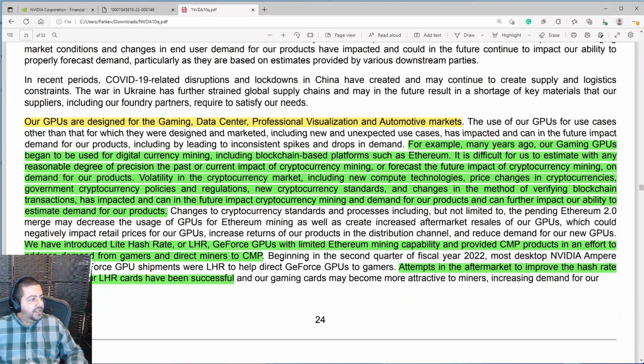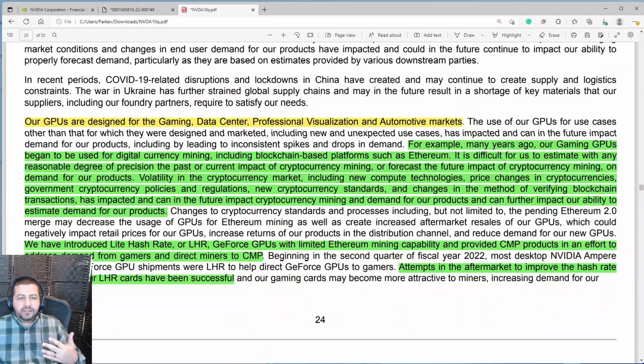And here's an interesting one, especially in recent times. NVIDIA's GPUs are designed for gaming, data center, professional visualization. Sorry, that was harder than I expected to pronounce. And automotive markets.